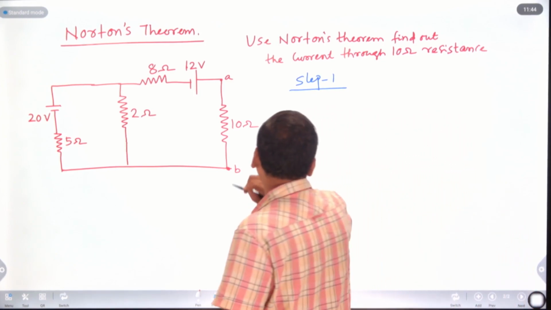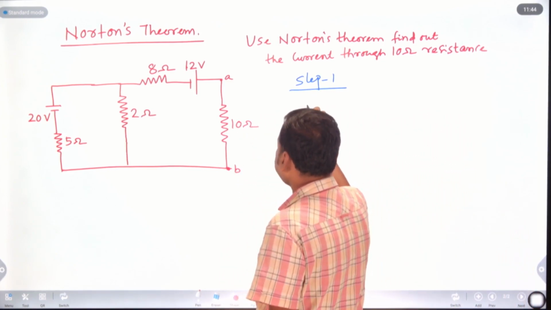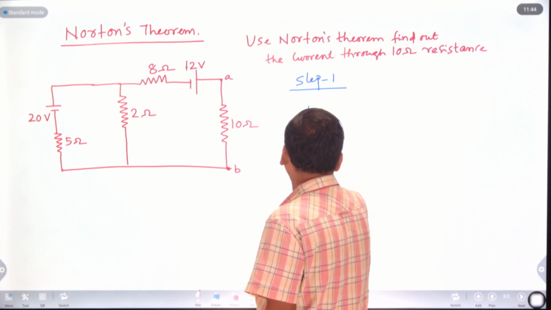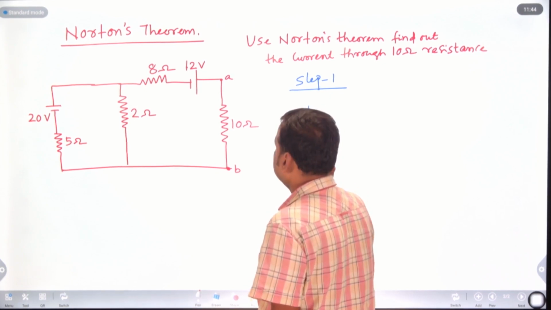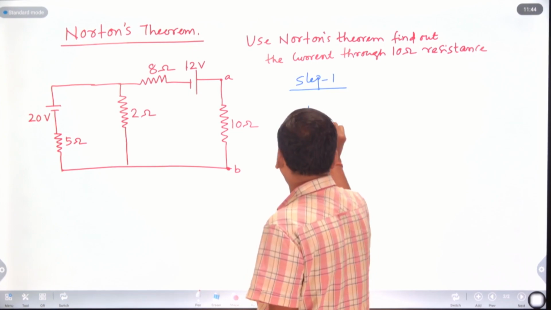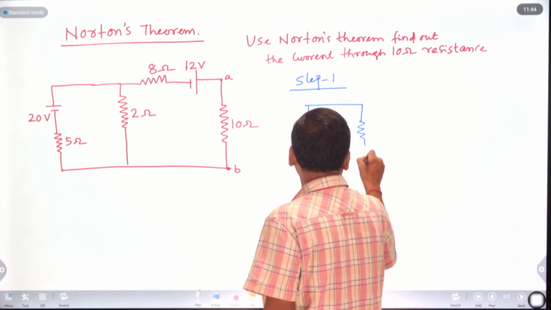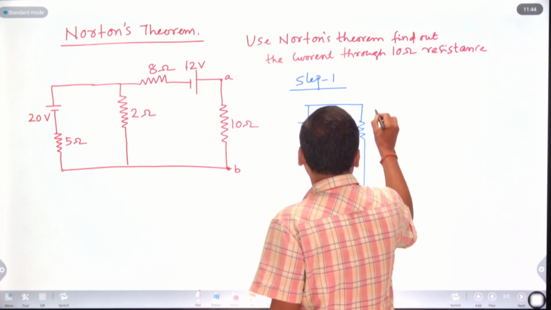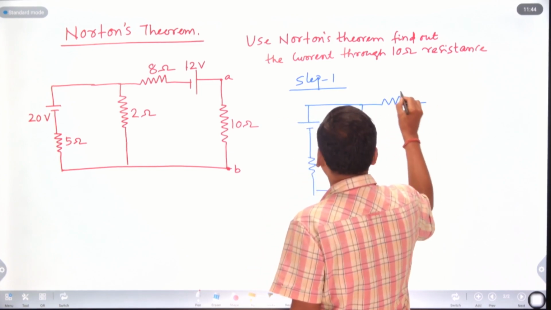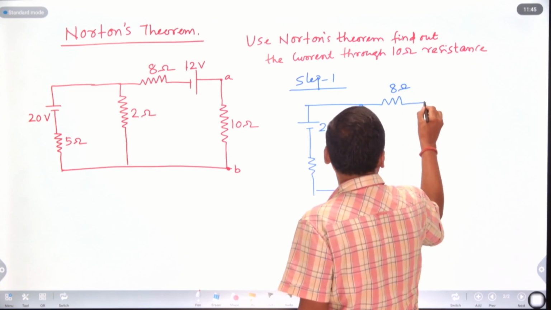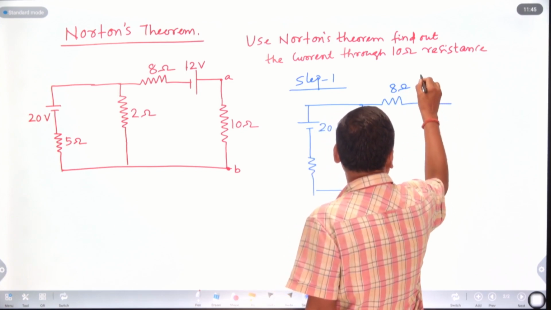If you redraw the circuit, the figure is like this: here this is 20 volt, this is 2 ohm, this is 8 ohm, and this is 12 volt.